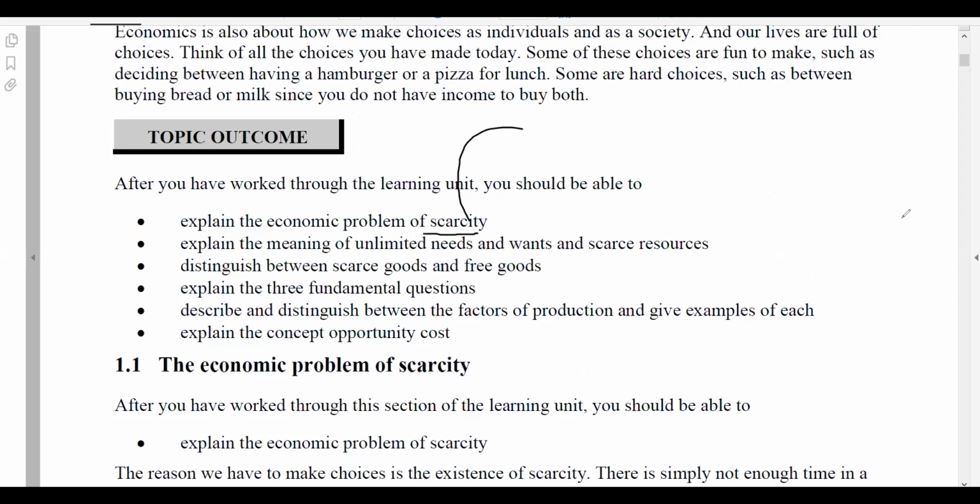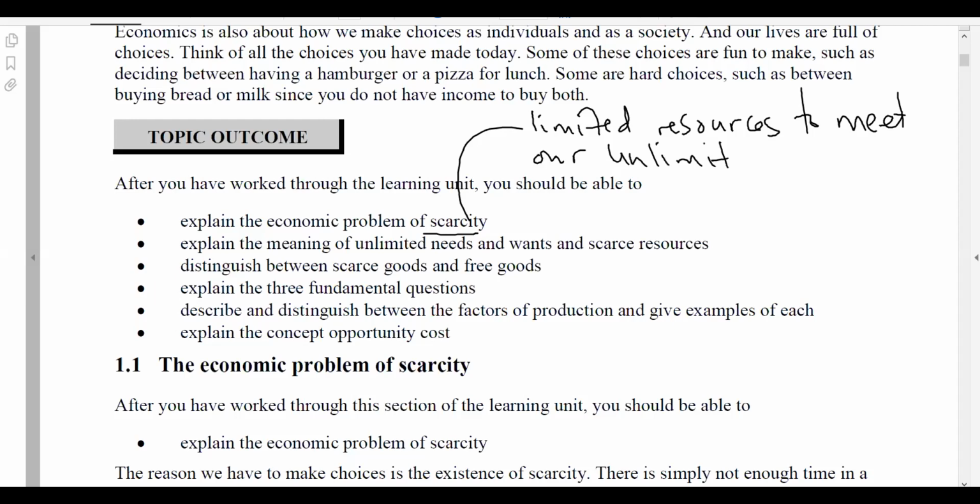We have limited resources to meet our unlimited needs and wants.